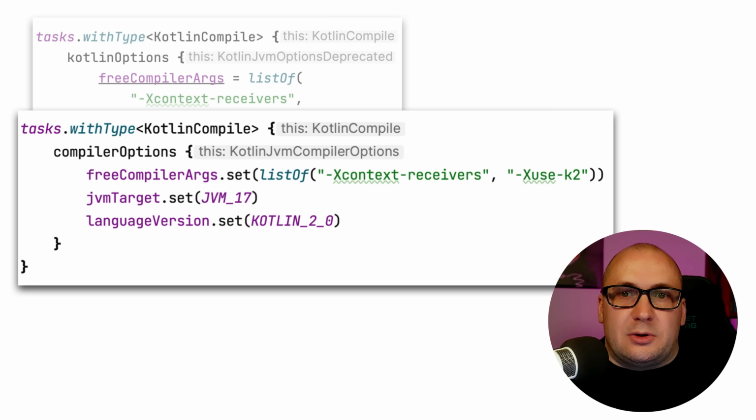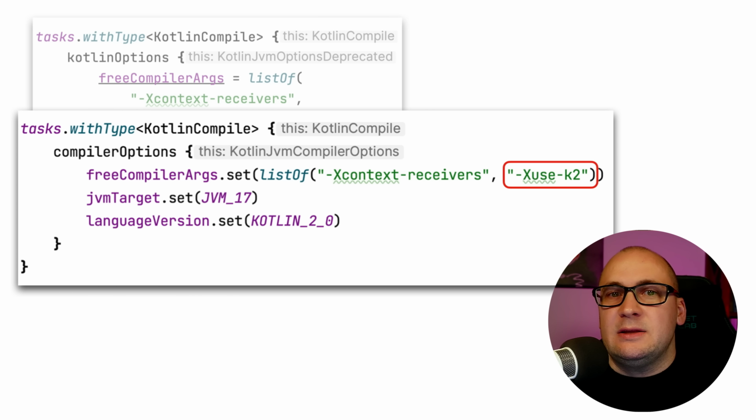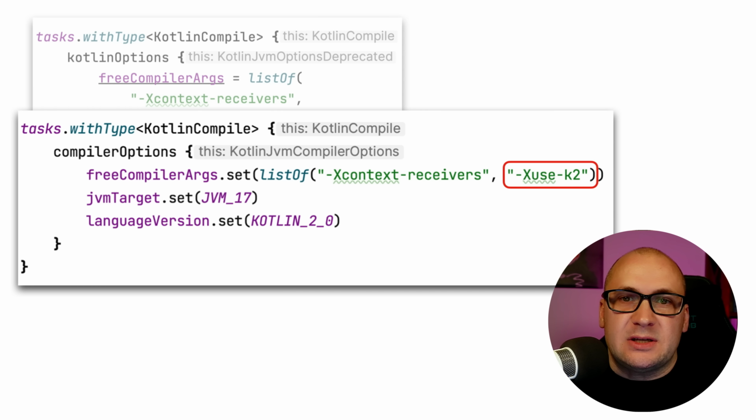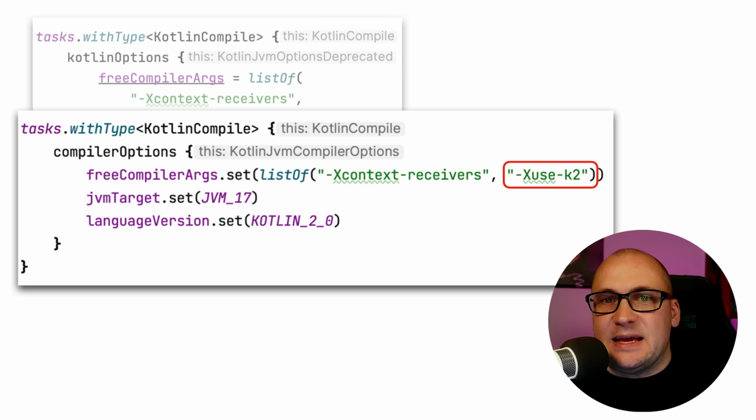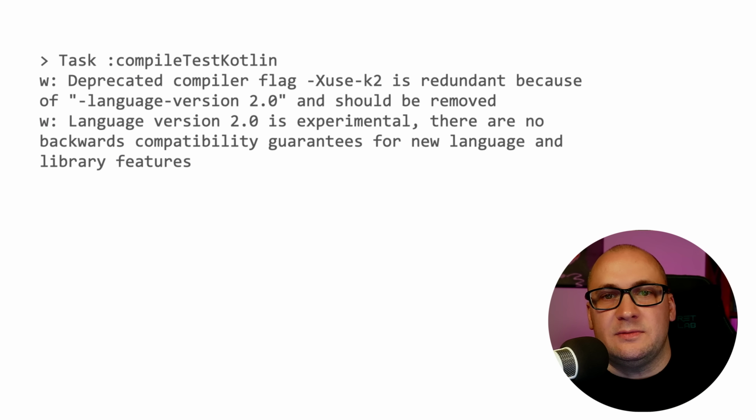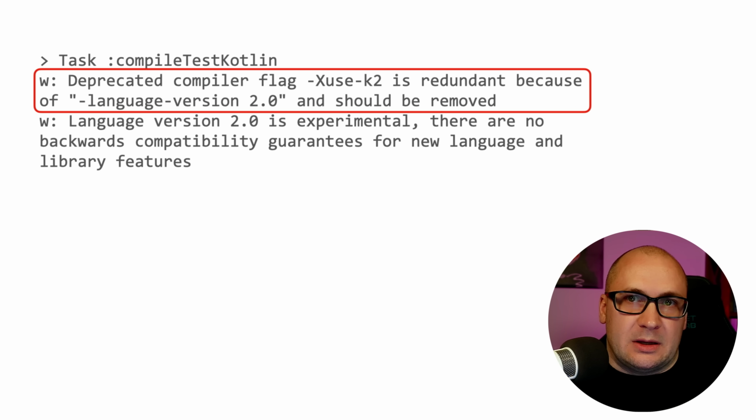This is a work in progress though, and in the future we will add a proper configuration DSL to improve the user experience. Regarding the K2 configuration, the previous compiler option -Xuse-k2 is now deprecated, so if you still have this option in your configuration file, you will see a corresponding warning message from the compiler.